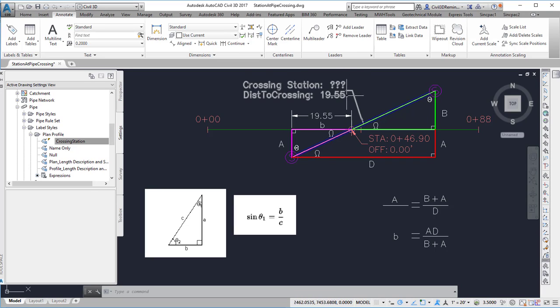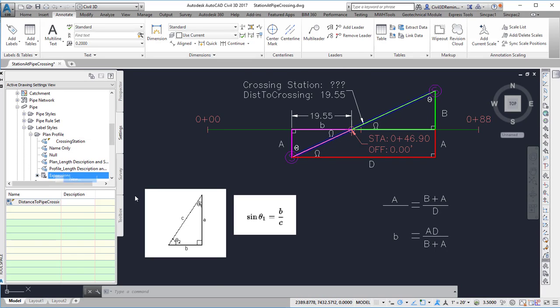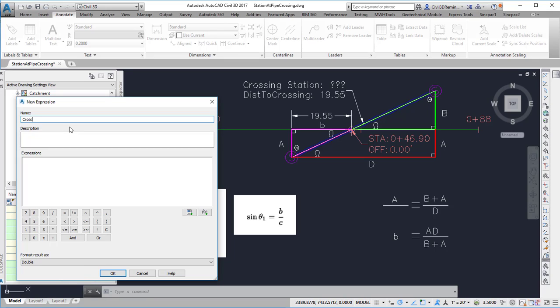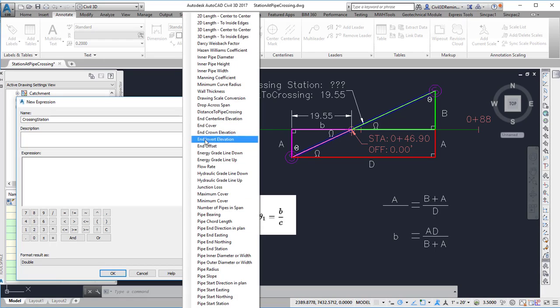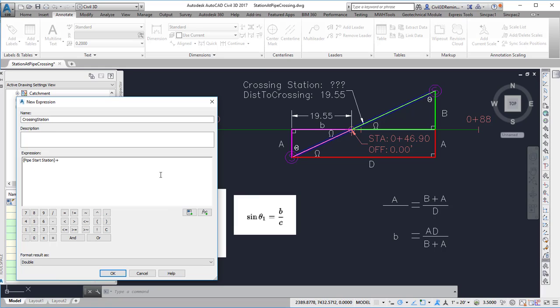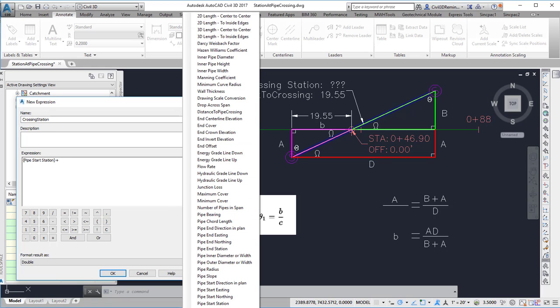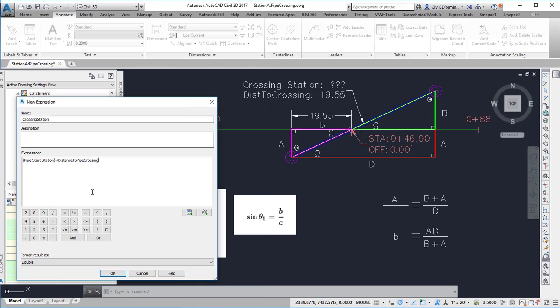So now I want to figure out what the crossing station is, and so I'll create a new expression, and I'll call it crossing station, and this is going to be my pipe start station plus the distance to the pipe crossing.